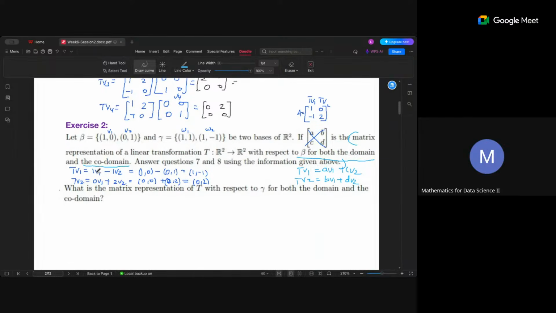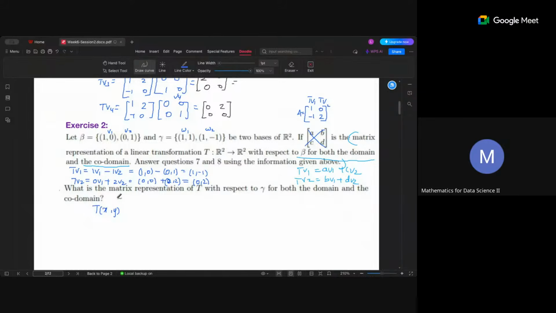Now, from this, is it possible to tell what is T(x, y)? First, this is a basis, right? If this is a basis, can we express any vector in R2 as a linear combination of these two vectors? Yeah.